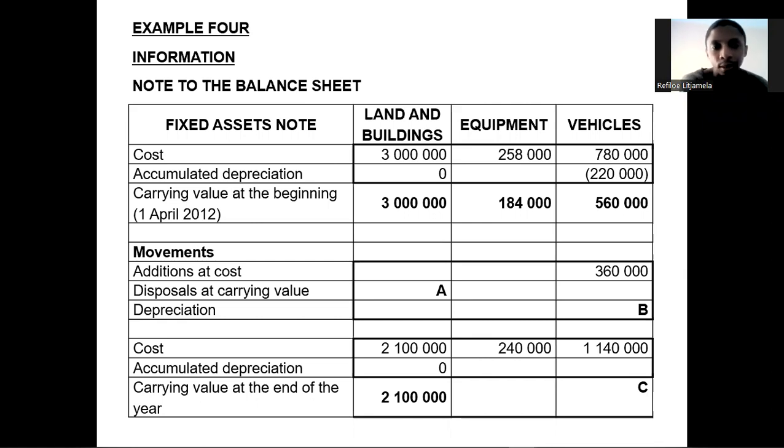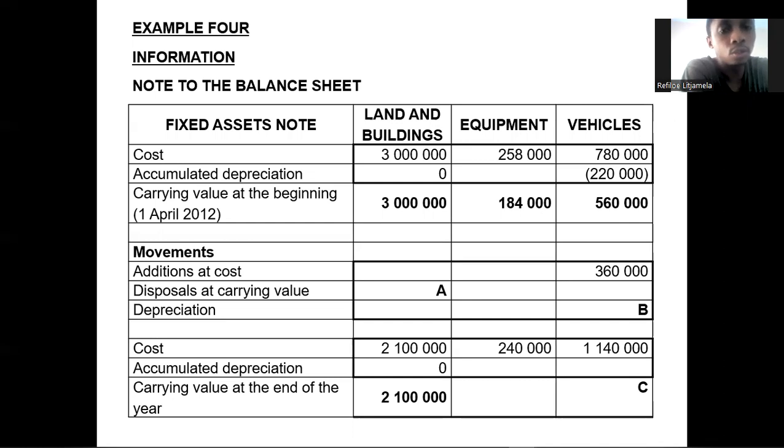You will realize that in this note, I'll start with Lennon Buildings. Lennon Buildings cost at the beginning of the year is 3 million. However, at the end of the year it will cost 2,100,000, which is weird. So the beginning of the year balance was greater than the end of the year balance, meaning that our Lennon Buildings decreased.